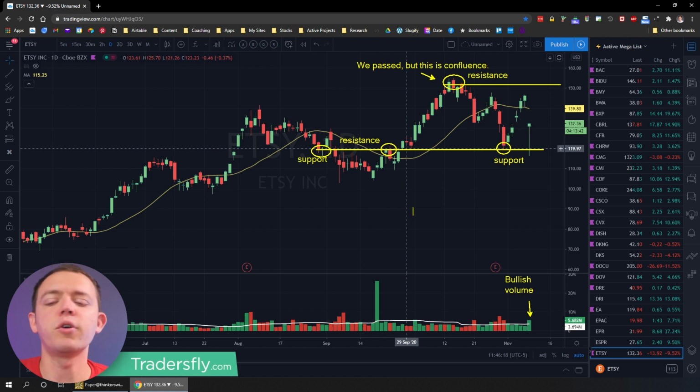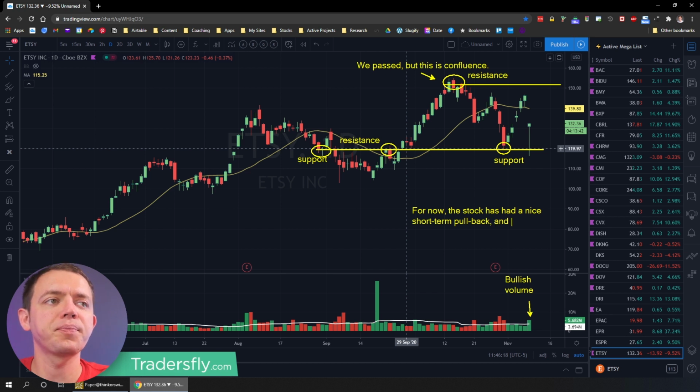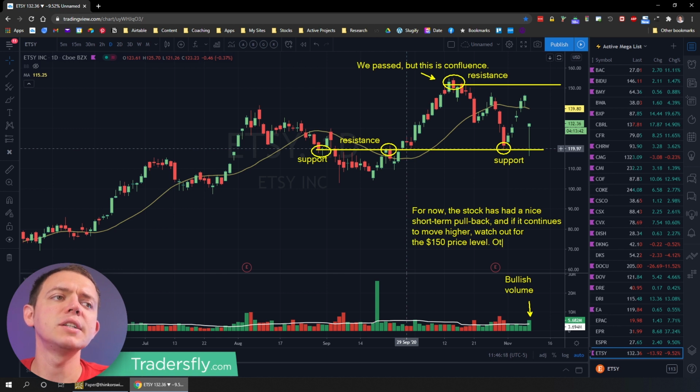So for now, the stock has had a nice short-term pullback, and if it continues to move higher, watch out for the 150 price level. Otherwise, you are in the lower end of things, which is good.